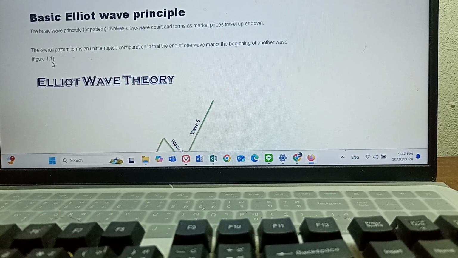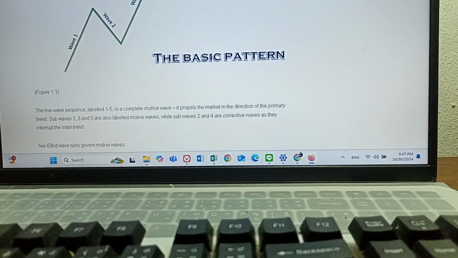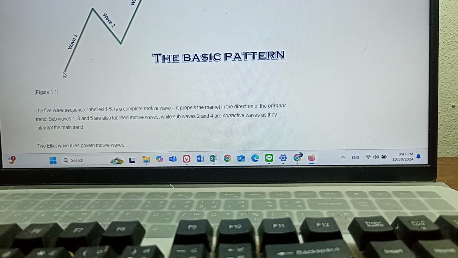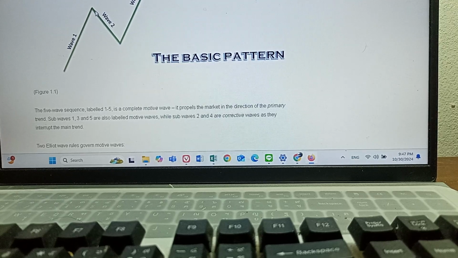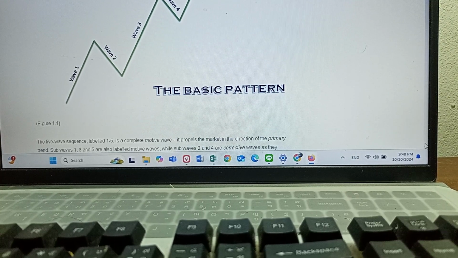Figure 1.1. Elliott Wave theory. Wave 1, Wave 2, Wave 3, Wave 4, and Wave 5. The basic pattern.